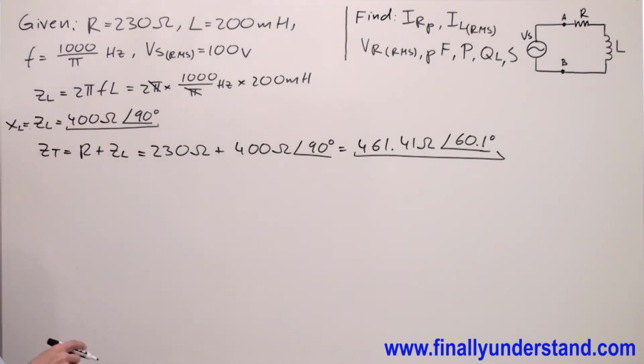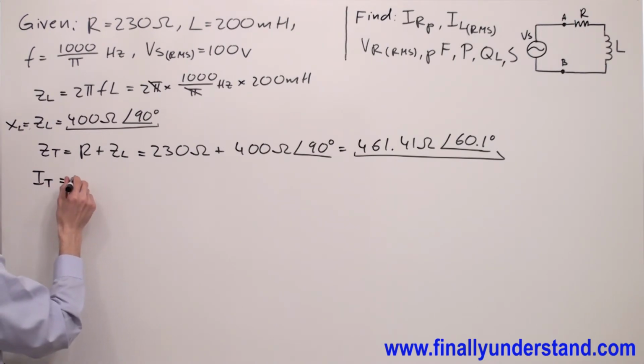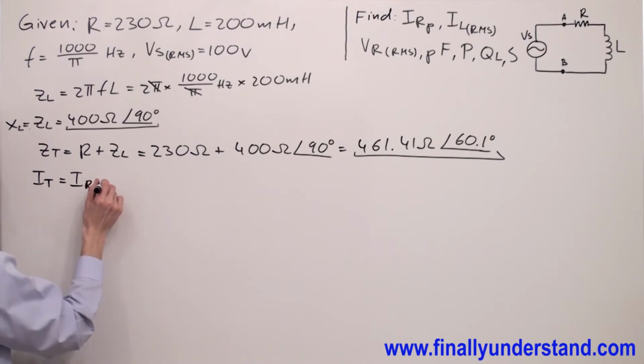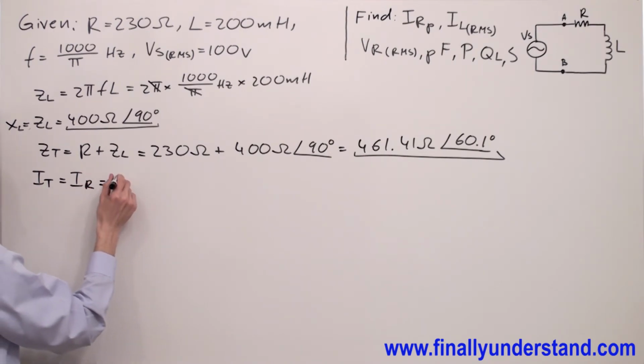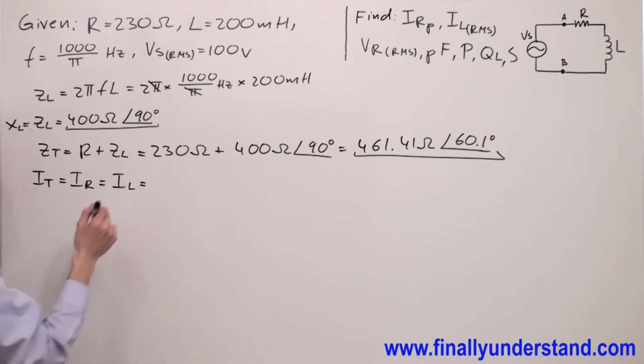Next, I can find I total. So I have I total is going to be equal to the current which goes through the resistor, and this is going to be also equal to the current which goes through the inductor. Why? Because this is series circuit.